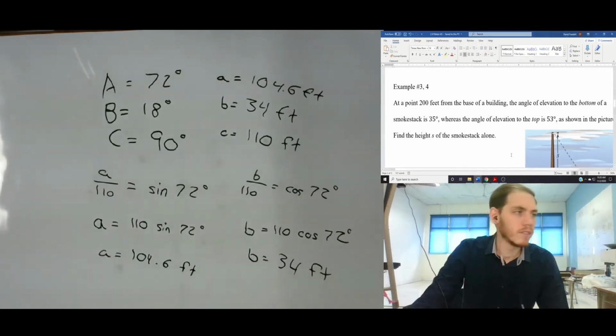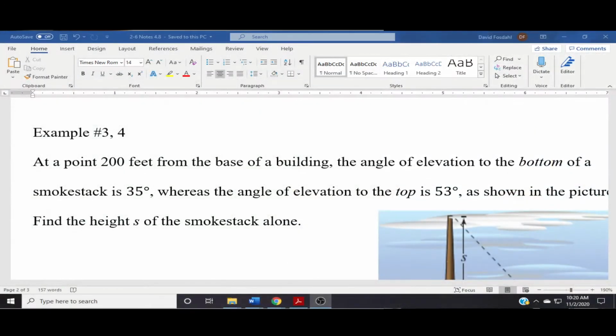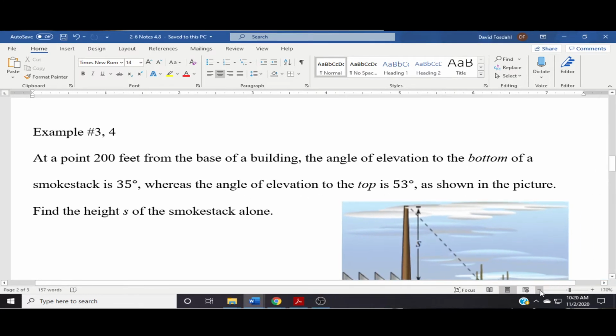Let's zoom out real quick. Okay, so we're going to look at this question right here. At 200 feet from the base of the building, the angle of elevation to the bottom of the smokestack is 35 degrees, whereas the angle of elevation to the top is 53 degrees.